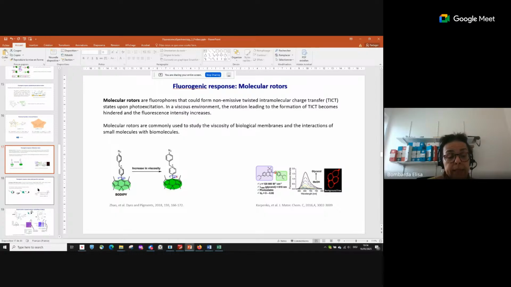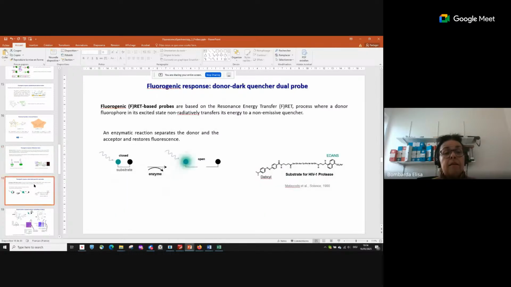An example of another type of probe in the category of the fluorogenic probe is a donor dark quencher dual probe, that we also saw yesterday when we were discussing resonance energy transfer.